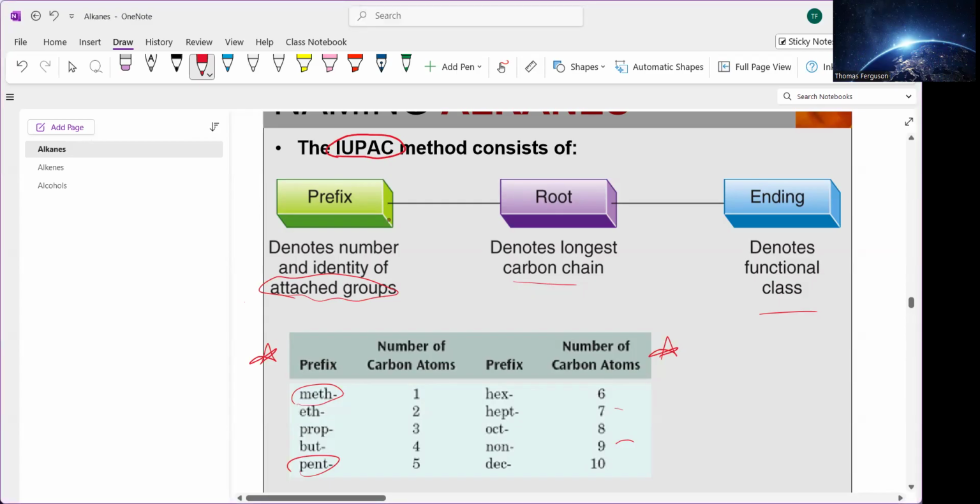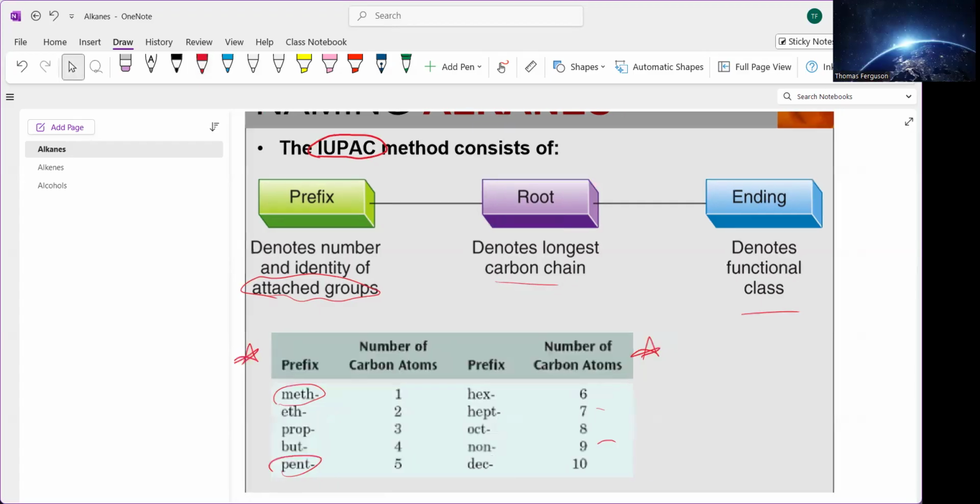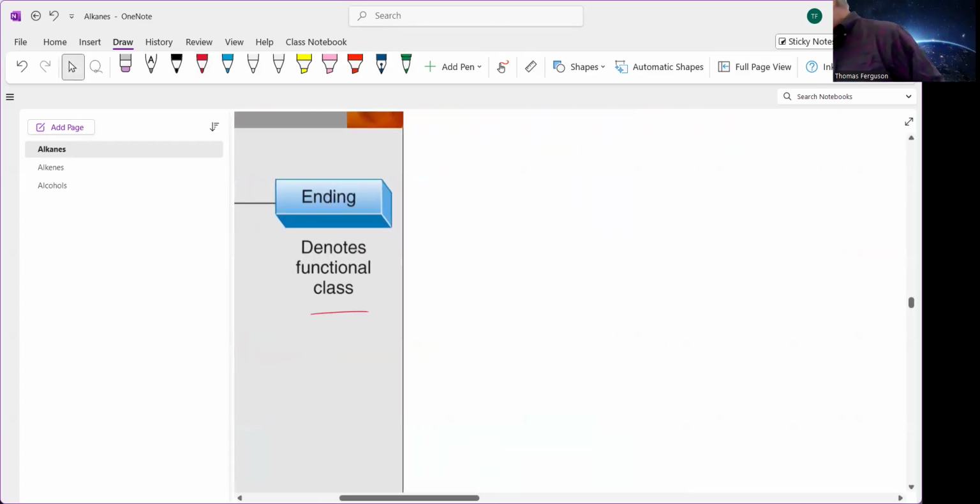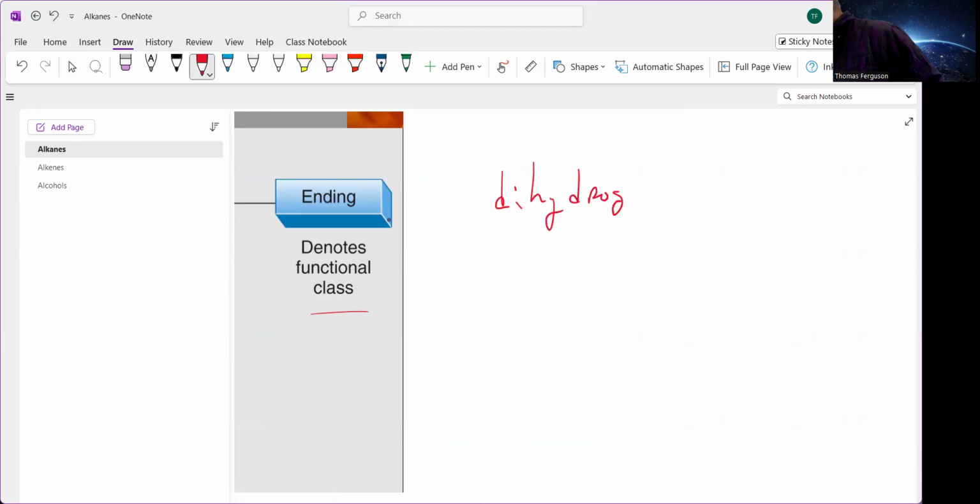Okay, but the IUPAC name for water is dihydrogen oxide in Mexico, in Russia, in Israel, and the United States. That's the IUPAC name.